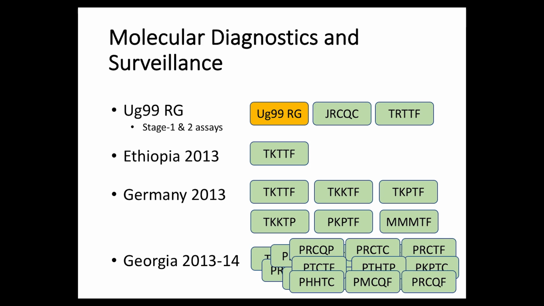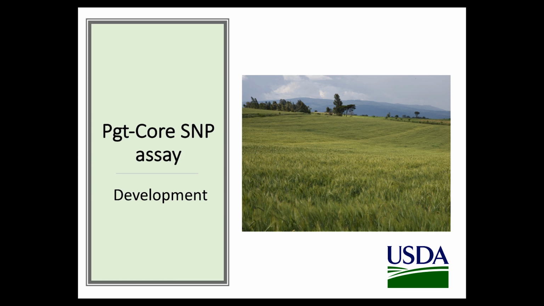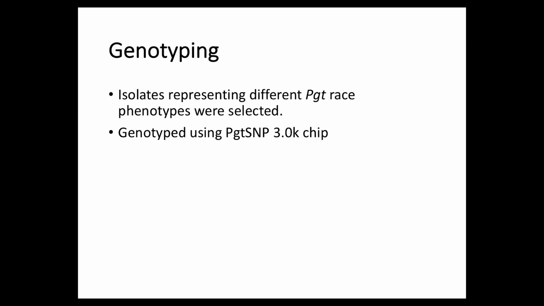From a molecular diagnostics and surveillance standpoint, we're not only interested in asking, is it UG99? Now we have a whole cast of characters that we want to find out and be able to track. So the first thing to do in developing a new molecular diagnostic assay was to genotype. We took representative isolates from these different races corresponding to the selected regions, and we genotyped them on a SNP chip.